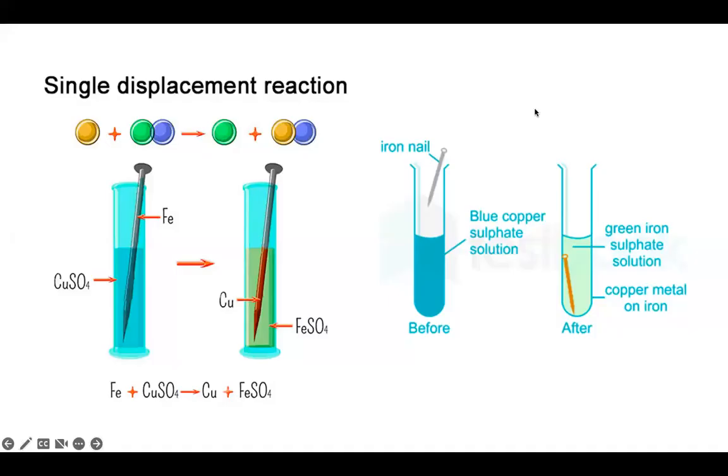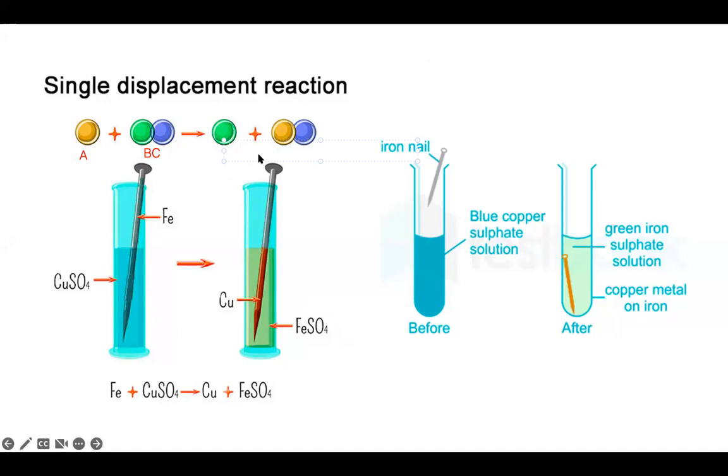Okay, single displacement is something like this. Let's give some letters to identify this. Let's say A is one compound or one element, and there are two other elements called B and C. When A is reacted with B and C, one element is displaced.